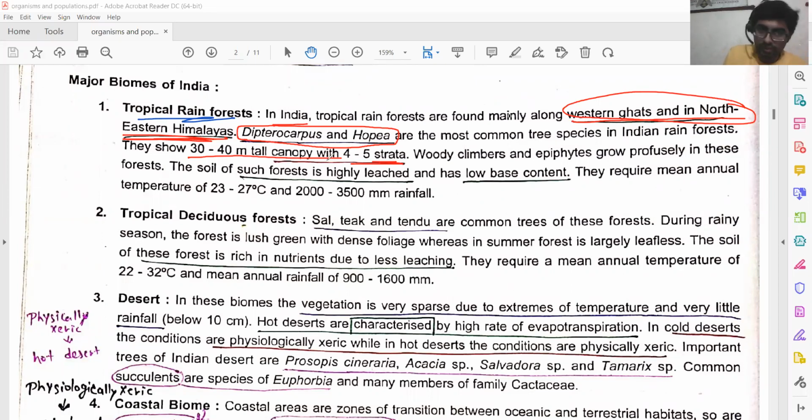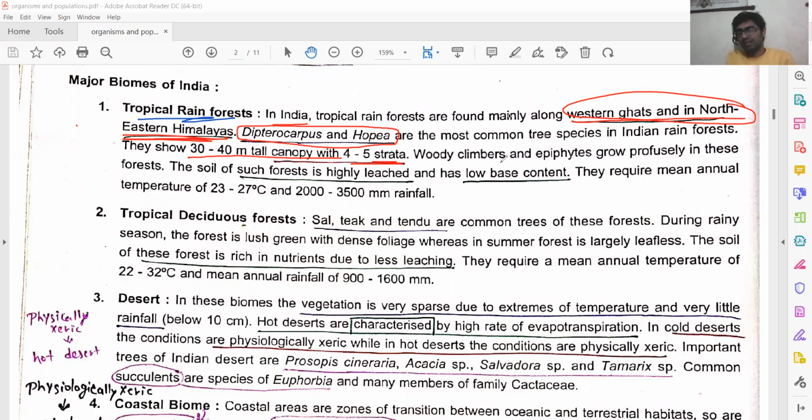So in tropical rainforest, trees are tall, about 30-40 meter tall canopy. Canopy means uppermost structure. For example, if this is a tree, this part is canopy. Okay. So 4-5 strata are present. Woody climbers and epiphytes grow profusely.